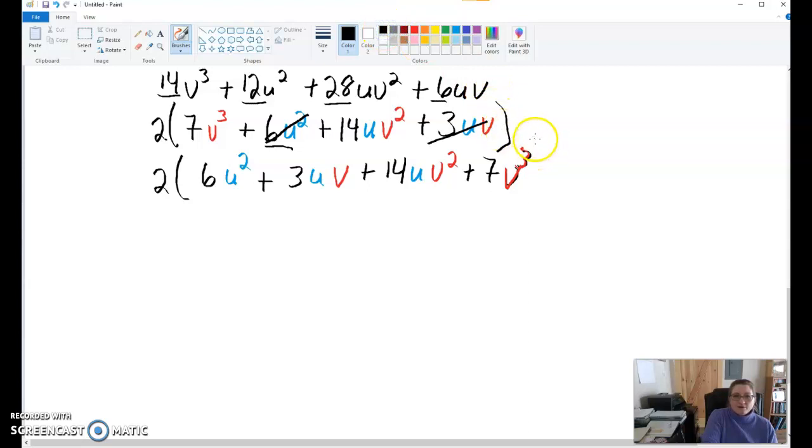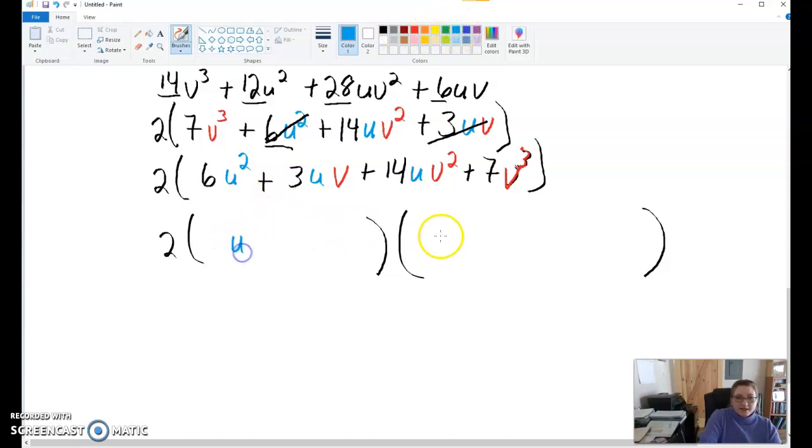So now that I have it rearranged, I'm going to start looking and see how I can go about breaking this down. So the first thing I want to look at and see is I'm going to have the 2, and I know this is going to have factors, right? I know that I'm going to need to have a u and a u in this first spot in order to give me this u squared term.